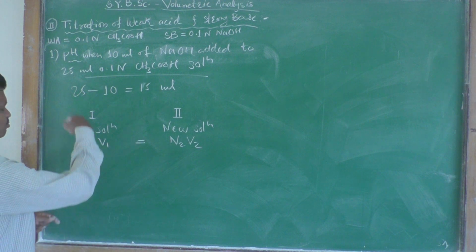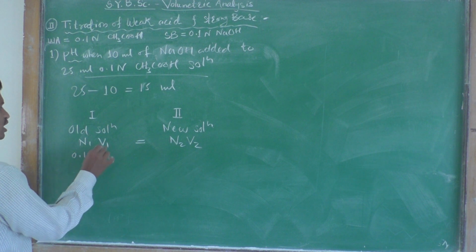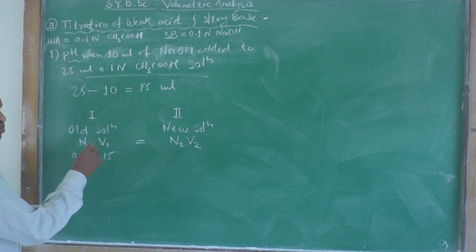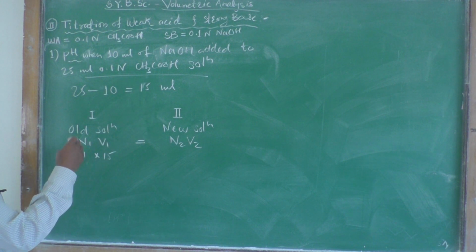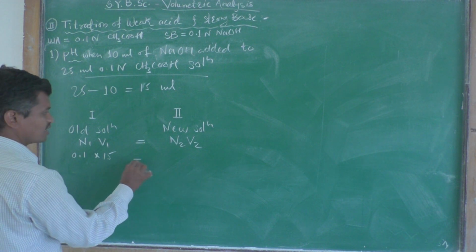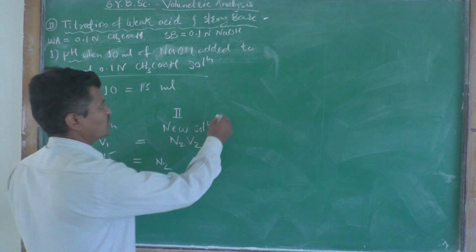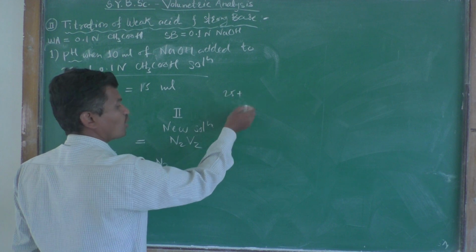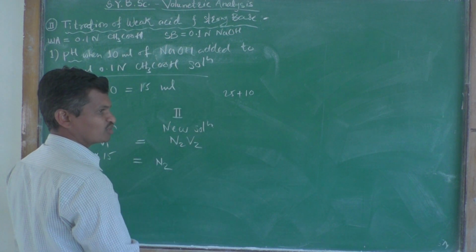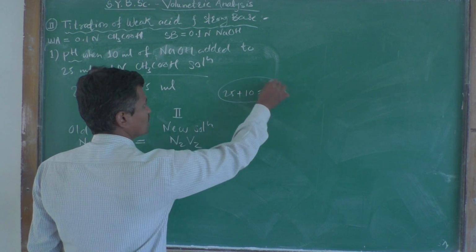So what is the previous normality of the acetic acid? It is 0.1 into the old volume, 15 ml. Why have we taken 15 here? Because only 15 ml of volume is now remaining unreacted. Now N2 we have to calculate, and what is V2? The new volume. We have 25 ml already in the conical flask and 10 ml of NaOH is added from the burette, so 25 plus 10, 35 ml is the new volume.